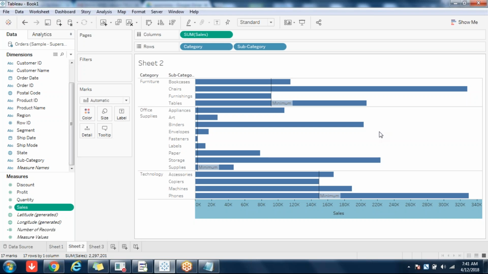Because in the last one we had two reference lines, one on the month and another on the year. But here there is only one line, so we cannot, because we need two lines for the forecast. Okay.